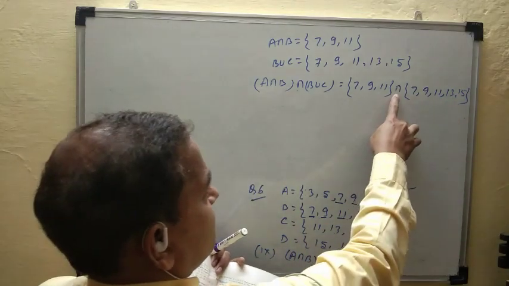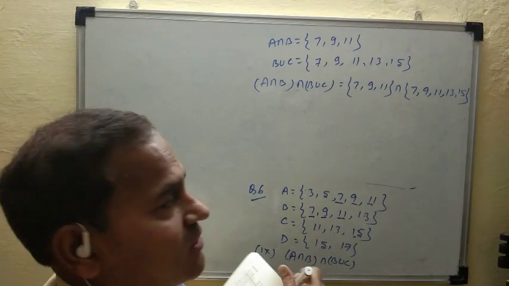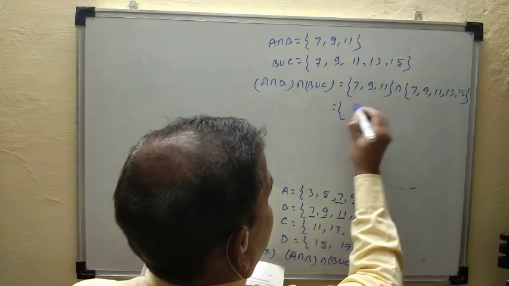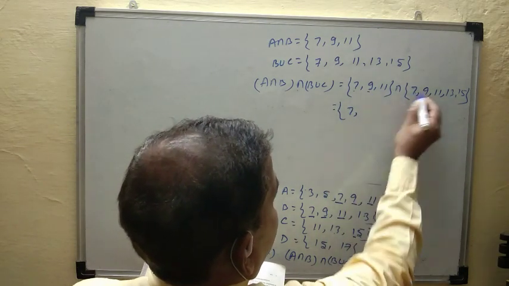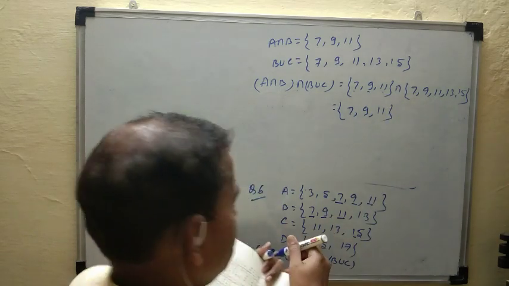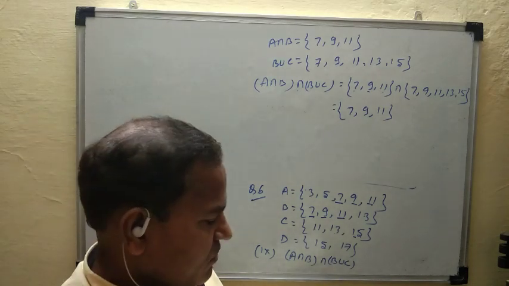Now find its intersection. Intersection means common element. So what is the common element? Here 7 is a common element, next common element 9, and next common is 11. So this is the value of A intersection B union C.